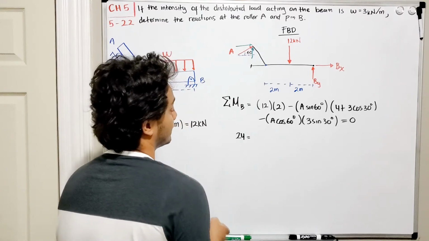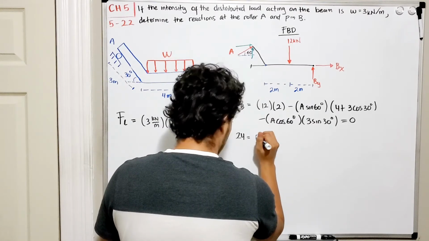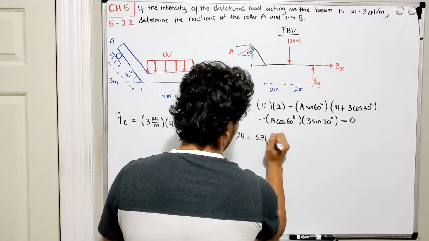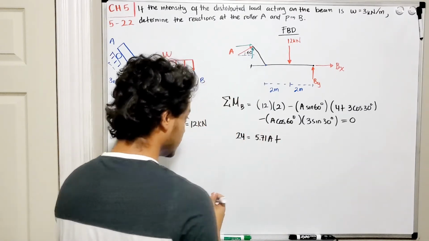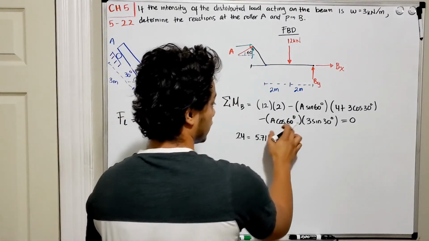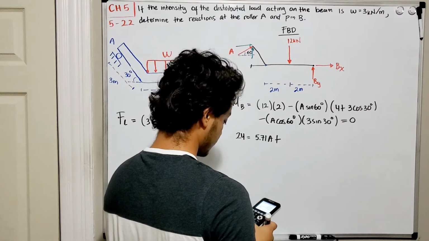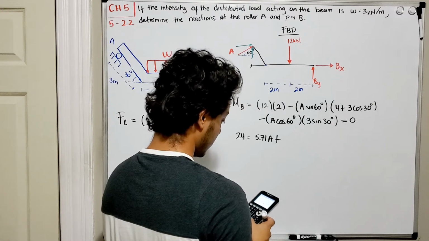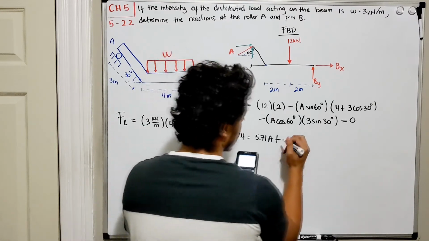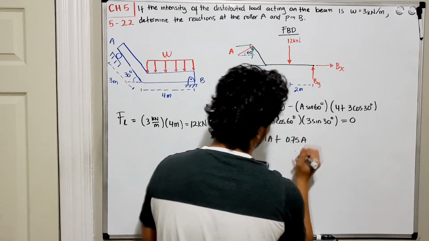So I'll have positive, since we move it to the other side, 5.71 of A plus, because remember we moved this one too, cosine of 60 multiplied by 3 sine of 30 degrees, and that gives me 0.75 of A. Okay?